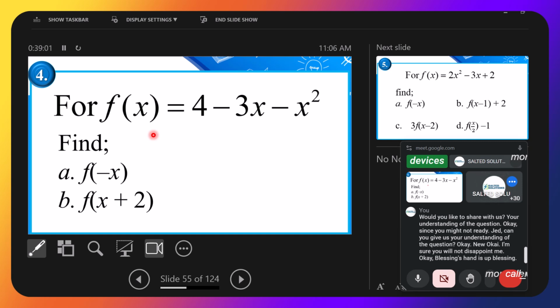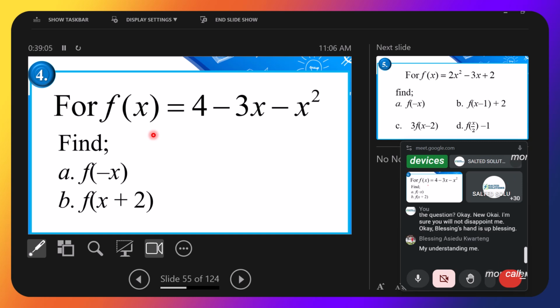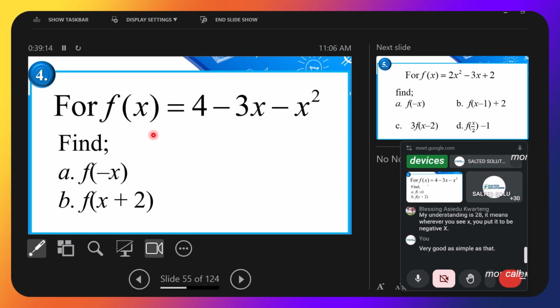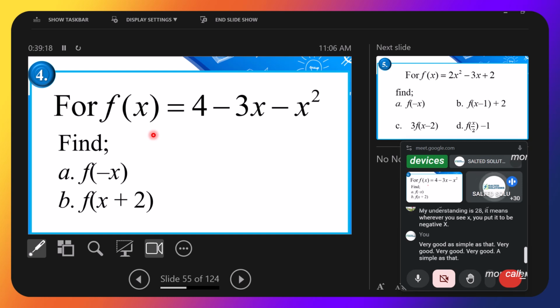My understanding is that wherever you see x, you put negative x. Very good. As simple as that. So we are expecting to substitute negative x into the function, and then we see the output.